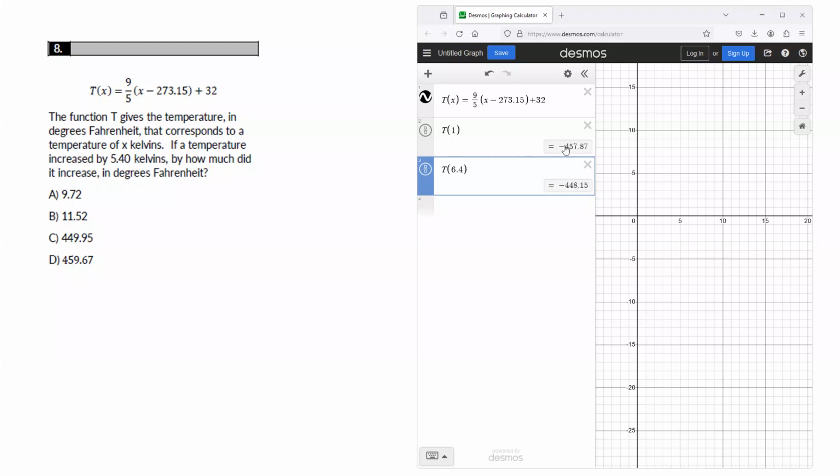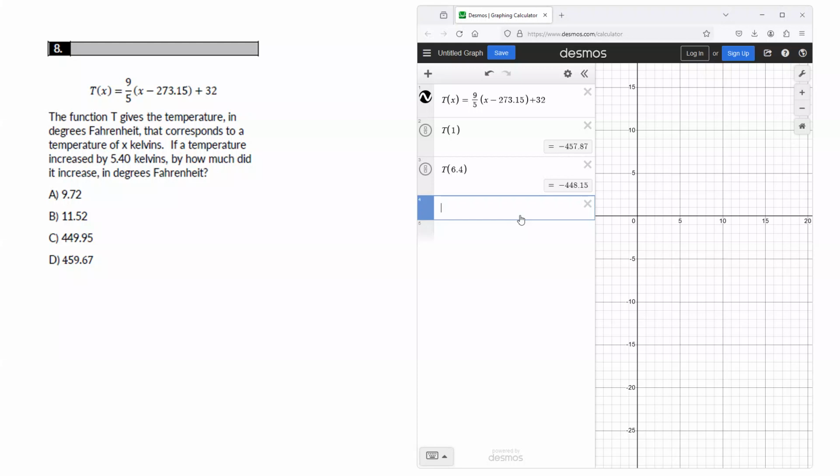And now I have seen how the degrees changed in Fahrenheit after I changed it by 5.4 in Kelvin. And so I want to find the difference between these two answers. And Desmos is a calculator. It can just do the subtraction for me.